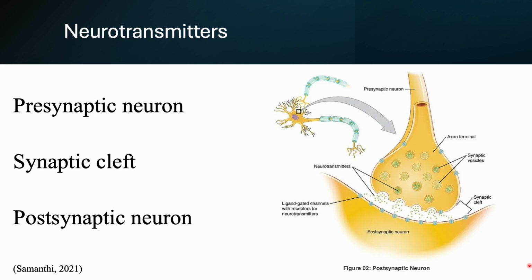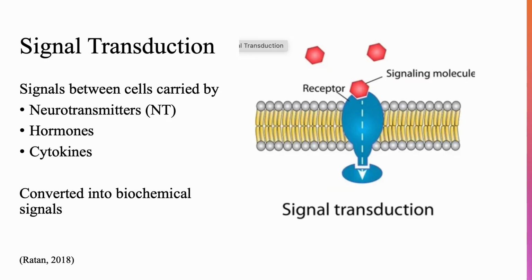So looking at this visual, the presynaptic or sending neuron is right here. This causes a transmission of a signal or neurotransmitter to the other neuron, the postsynaptic, which is located right here. So this is how the transmission of the signal occurs, and this is how neurons communicate with each other.